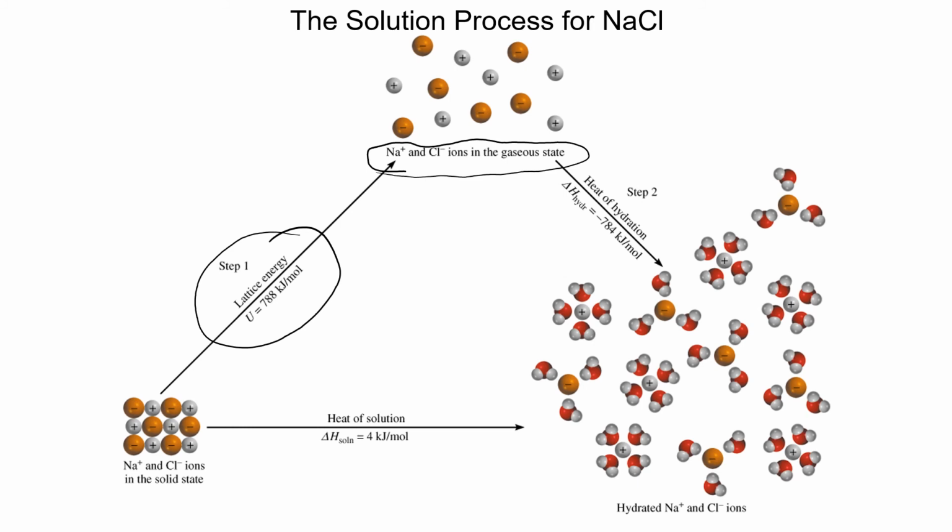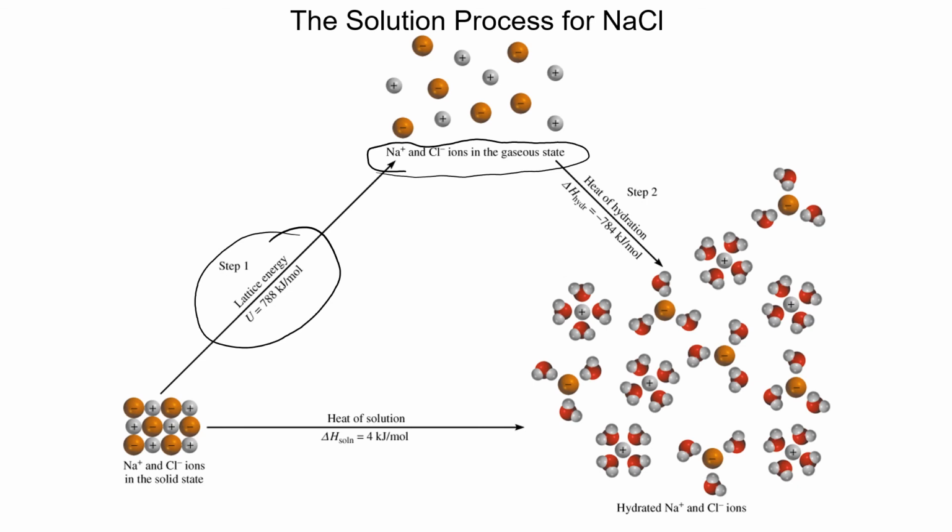And it's represented by a capital U. And this is the energy required to separate 1 mole of a solid ionic compound into gaseous ions. And these have also been determined experimentally. So the lattice energy, or U, for sodium chloride is 788 kilojoules per mole.